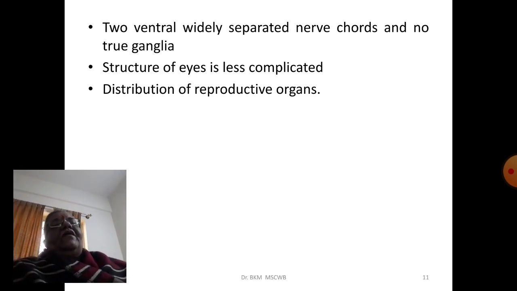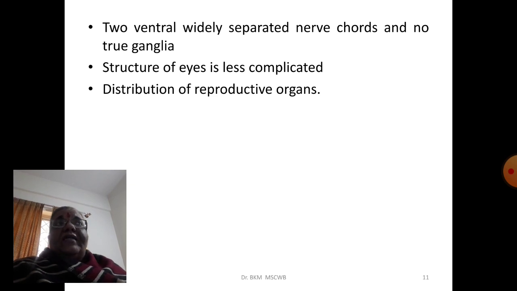And here, concentrate on the first point. There is a small spelling mistake. When you write nerve cord, the actual spelling is C-O-R-D. Sorry for the spelling mistake. Nerve cord is N-E-R-V-E, C-O-R-D. At the same time, when you write notochord, N-O-T-O-C-H-O-R-D, there C-H-O-R-D comes. So nerve cord is C-O-R-D, notochord is C-H-O-R-D.